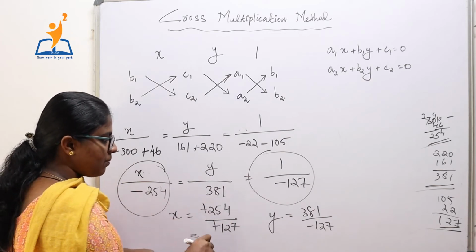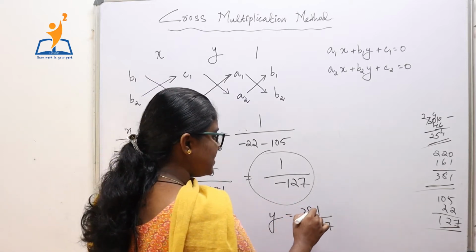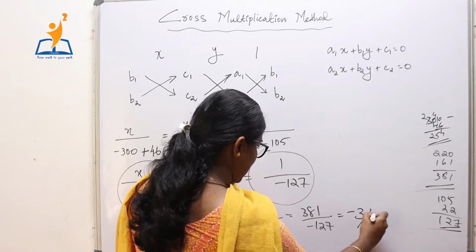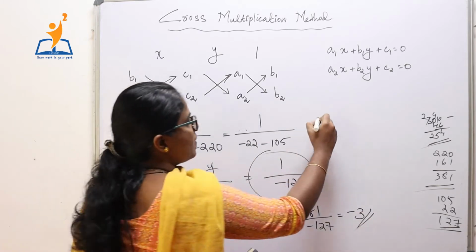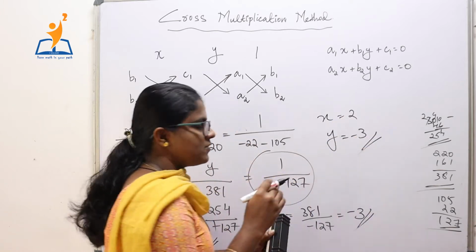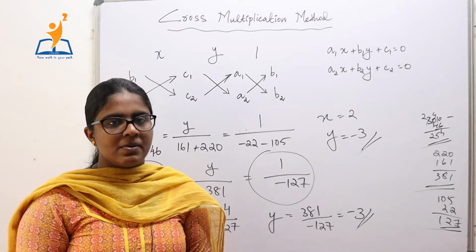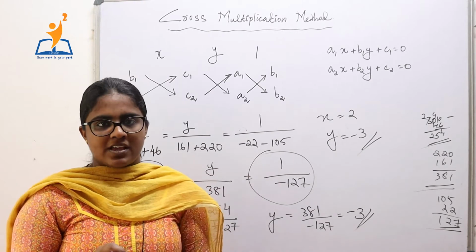Now 254 by 127 is simply 2, and 381 by minus 127 is minus 3. So we got x is equal to 2 and y is equal to minus 3. That will be the solution of this particular pair of linear equations in two variables, and we have solved it using the method of cross multiplication.